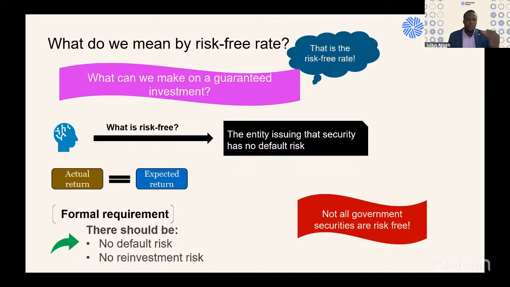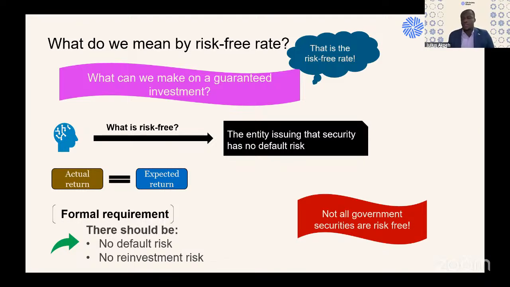In that case, if we buy the instrument and the instrument is promised 15%, then that is the expected return, right? At the end of the life of the instrument, we expect that our realized return is also 15%. In that case, we say there is no default risk. That's very important.